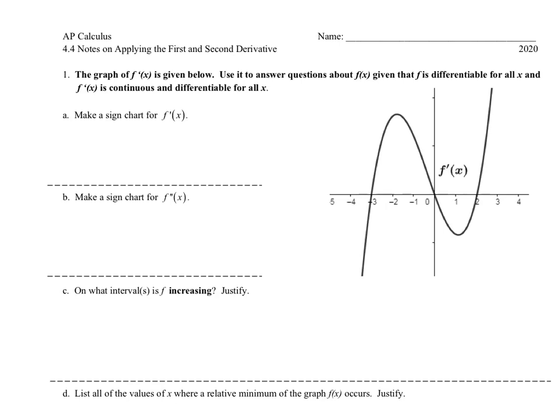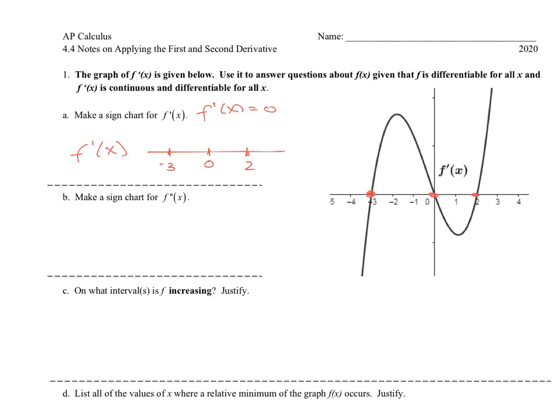When I go to make my sign chart for f prime, the first thing I'm going to do is label it. Remember, I'm looking for when f prime of x is equal to 0. And so f prime of x is equal to 0 at x equals -3, x equals 0, and x equals 2. Then when I make my sign chart for f prime, I'm looking at the outputs of f prime.